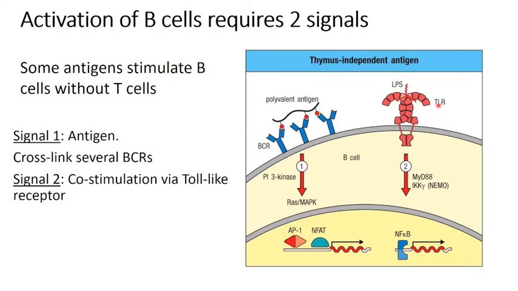So if we use a polysaccharide vaccine against a bacterium that has a thick polysaccharide coat on the outside, those are T-independent antigens. They don't have any proteins, so you don't get any peptides produced to display to T cells, but they can still induce antibodies through this mechanism.